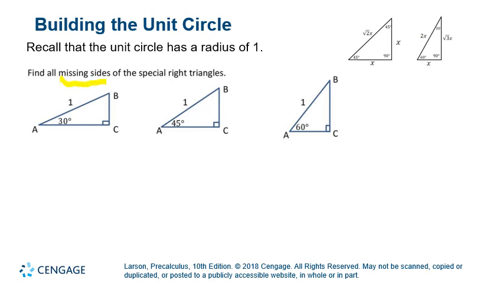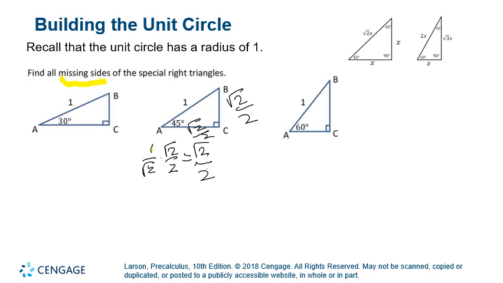So let's do the 45, 45, 90. We would say 1 divided by the square root of 2. And I'm going to rationalize that because on the unit circle, we get everything rationalized. So each one of these legs is going to be the square root of 2 over 2 for the 45, 45, 90.